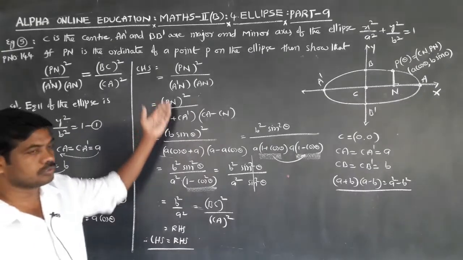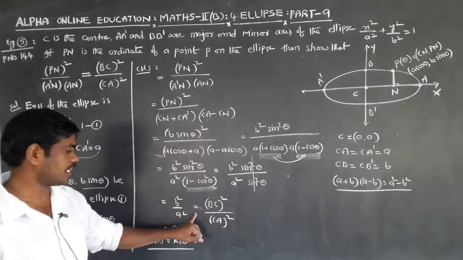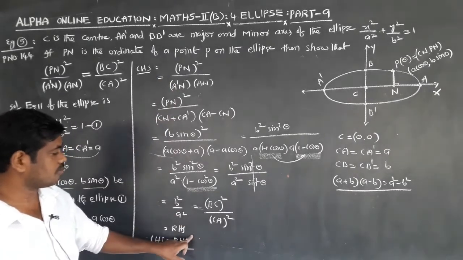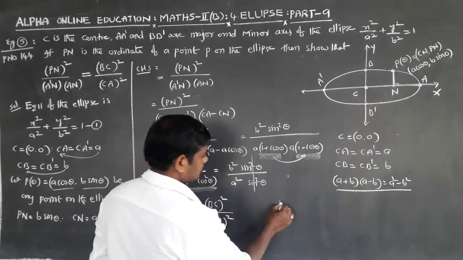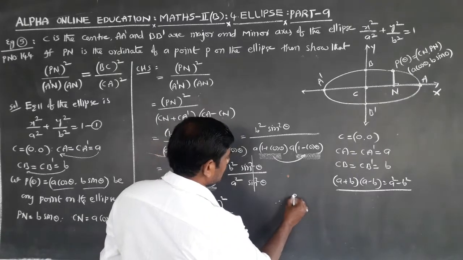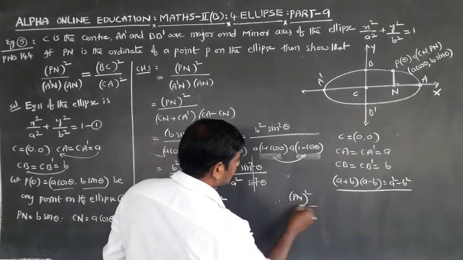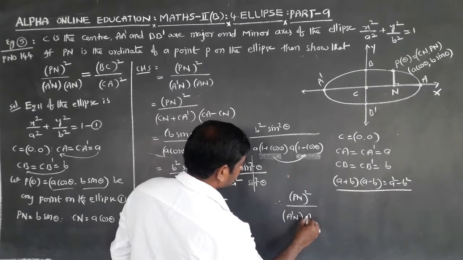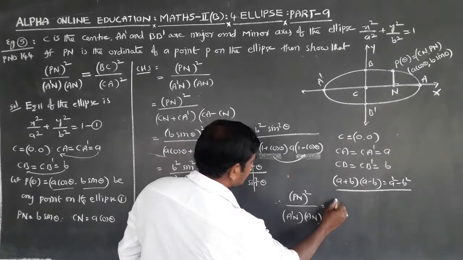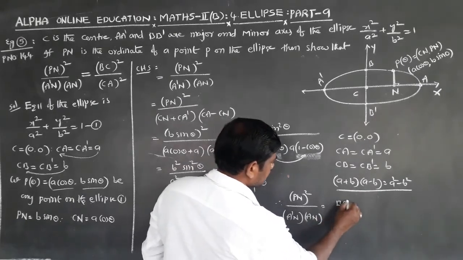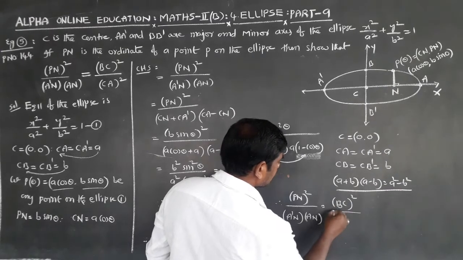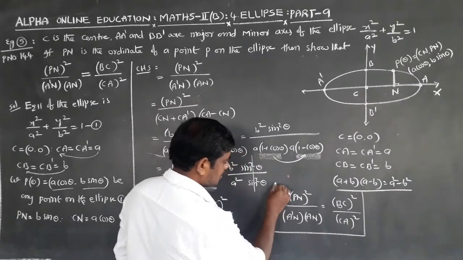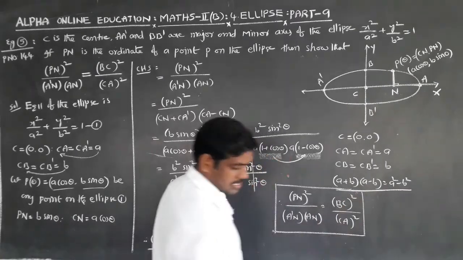Simplifying, this is the RHS value. Therefore, LHS is equal to RHS. Therefore, PN²/(A'N · AN) = BC²/CA² is the answer.